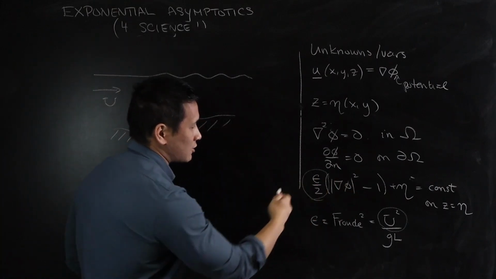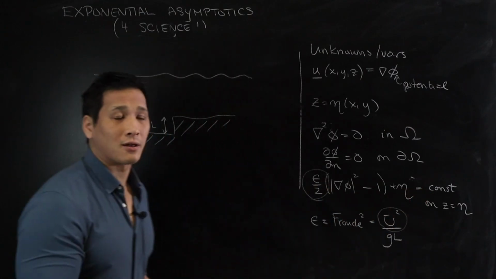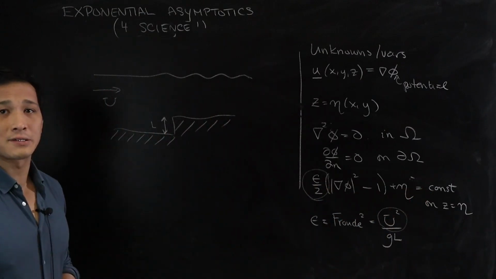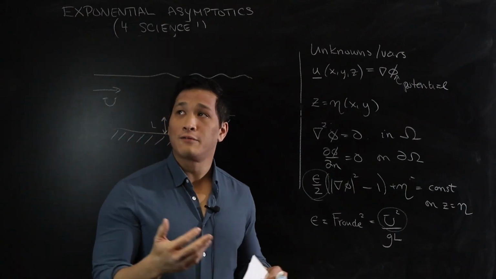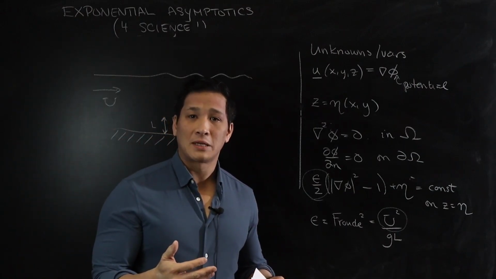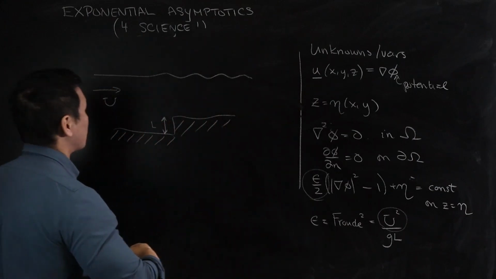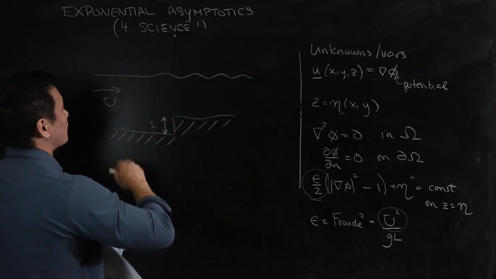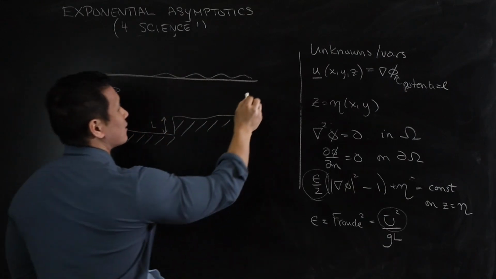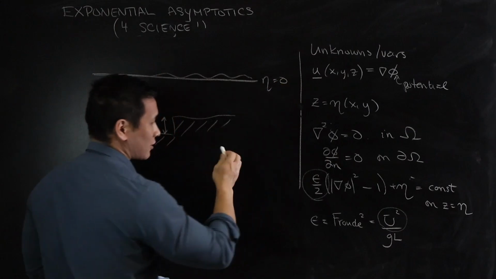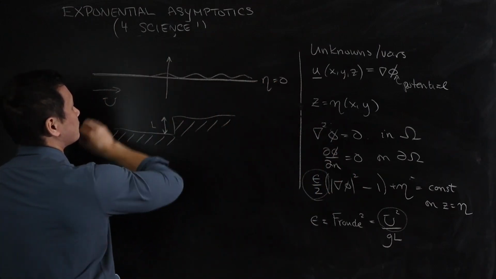Well, you look at this equation, right? If epsilon is equal to 0, it just tells you eta is constant, and therefore the free surface should be constant to leading order. So this is what I was saying, that if gravity is infinitely strong, you can think of basically it flattening the whole free surface out to leading order. So instead of this being your wave surface, your leading order approximation would just be eta equal to 0, if you like, if I just set the height of the 0 flow here.